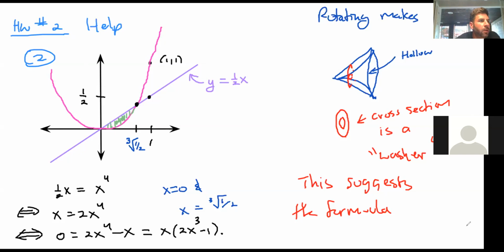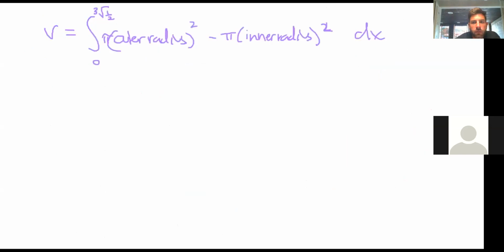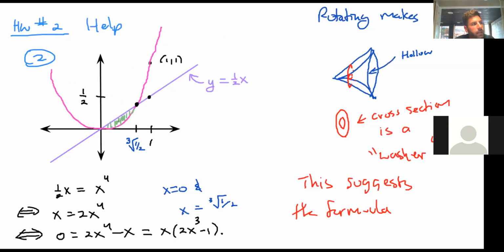No problem. So this is the formula that should be our likely candidate. Now we just have to know what the outer radius is and the inner radius. So I'm going to pull the pi out of everybody. If I go back to the previous picture, what's the outer radius? The outer radius is the distance from the purple guy, and the inner radius is the distance from the pink guy.